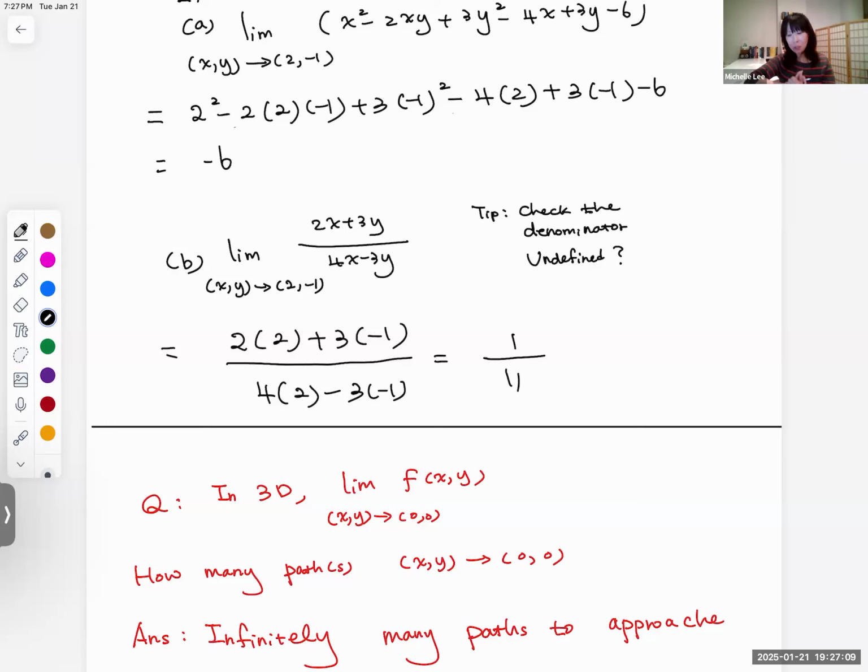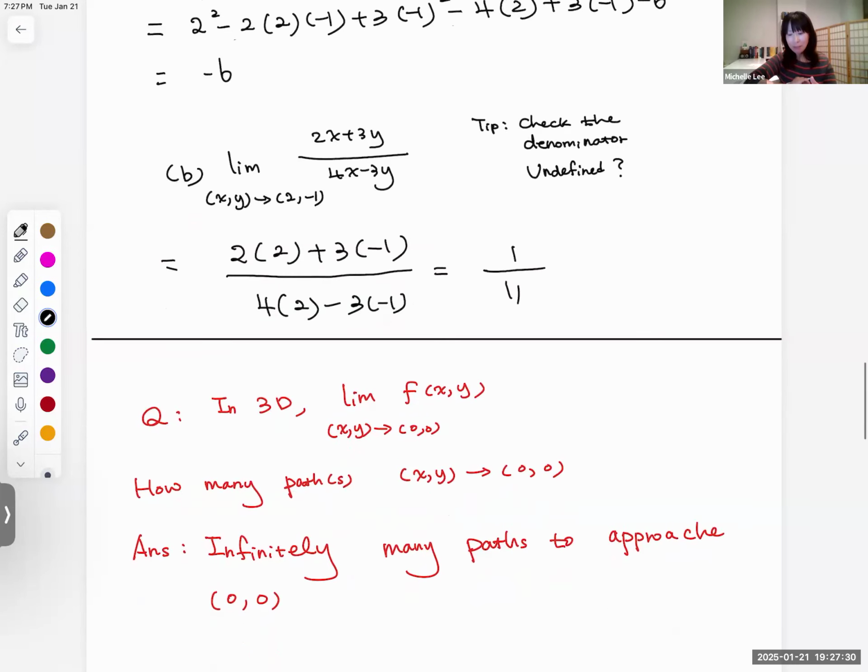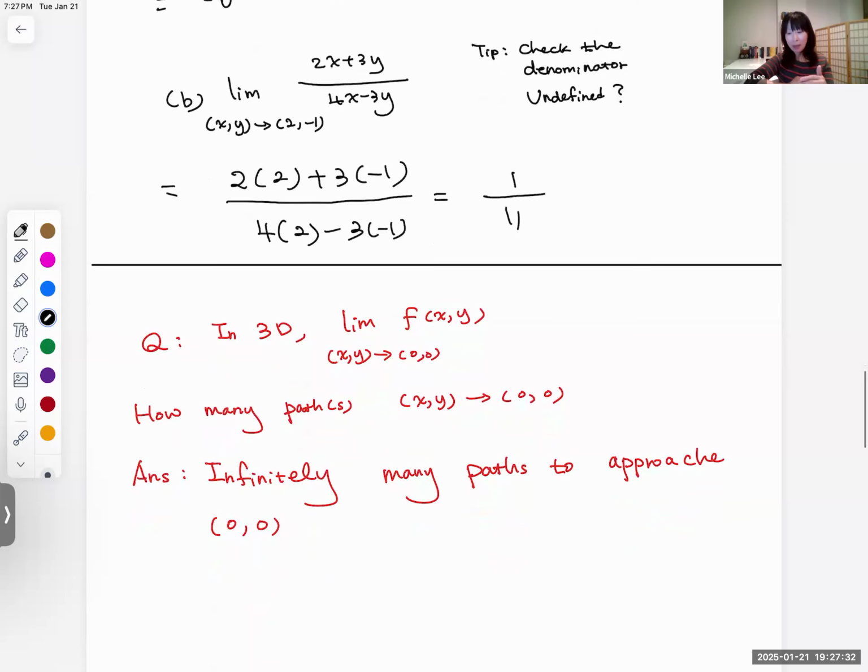So we have the function f of x, y. Then how many paths approach 0, 0? You saw that answer already because I wrote it down earlier. There are infinitely many paths approaching 0, 0.